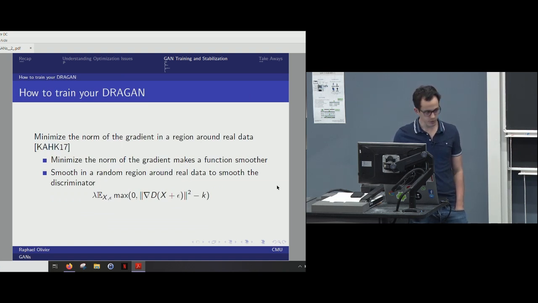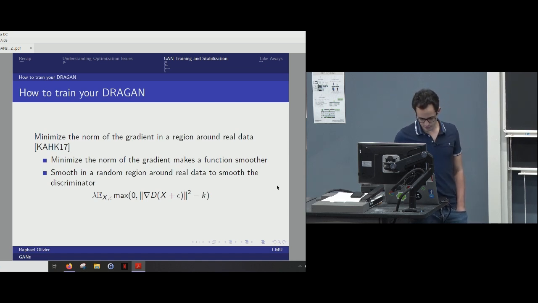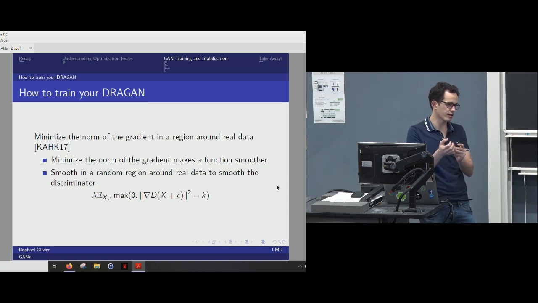Here's another paper with a similar idea and a much cooler name. That's a CMU paper, by the way. The idea here is kind of the same, but they say if I just train the gradients of the discriminator to be small where I was, then at the end of the day I'm going to get a sort of peak where the generator is very good at certain points that correspond to the real data that was in your sets.